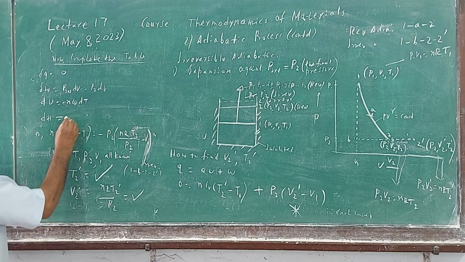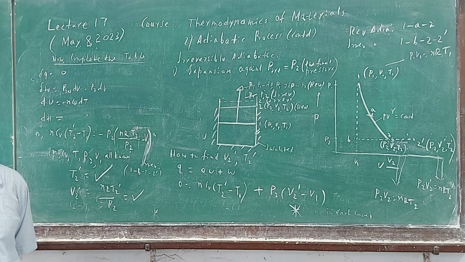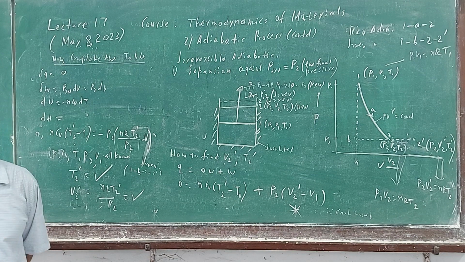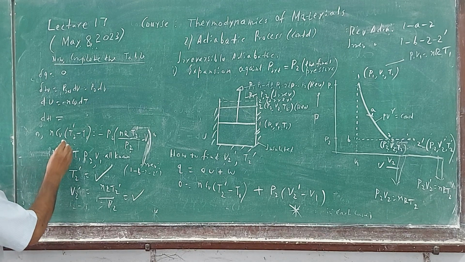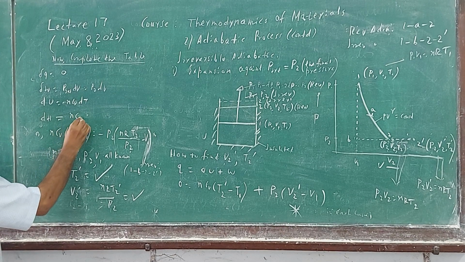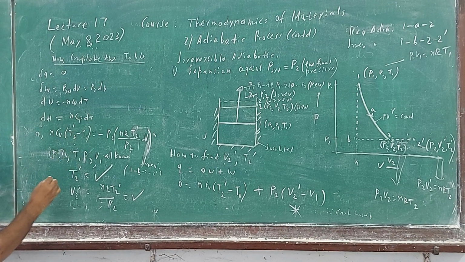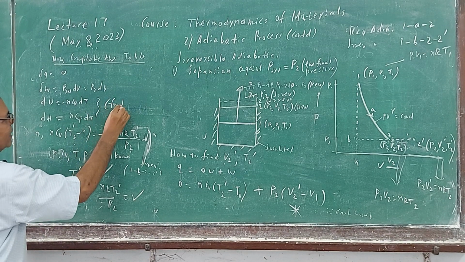So I ask this question. I know you will actually be at fault. That's why I am asking. I know you are actually very unmindful, casual. No casualness here. See, what is this? By the way, in this nCpdT likewise for ideal gas. Okay, yeah, right here for ideal gas.